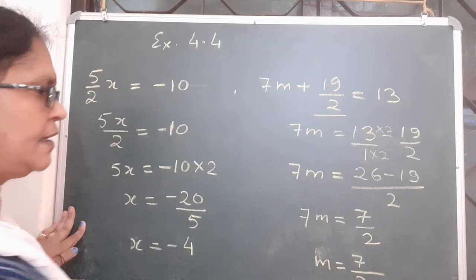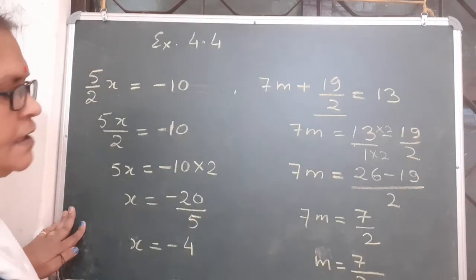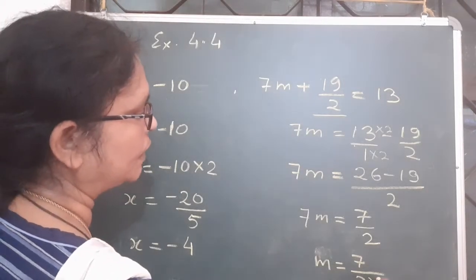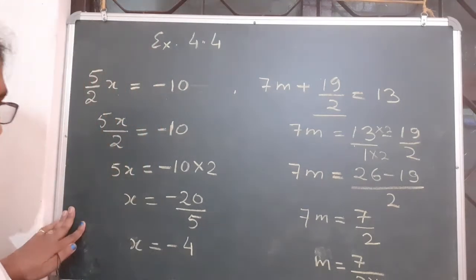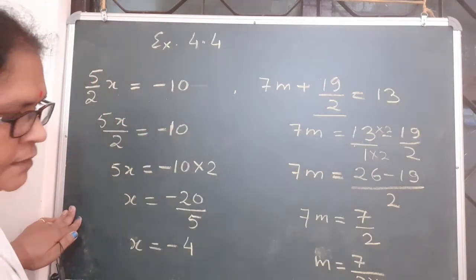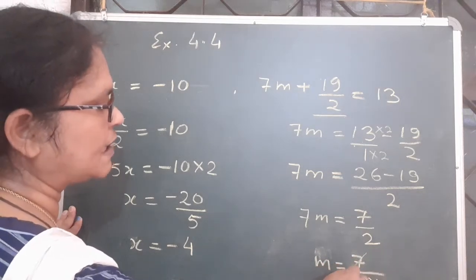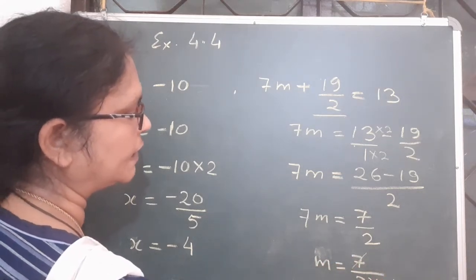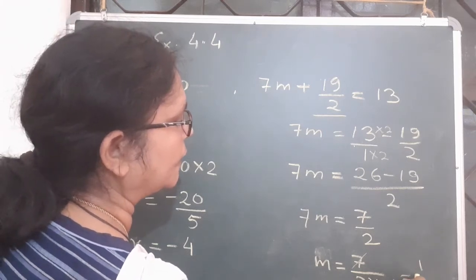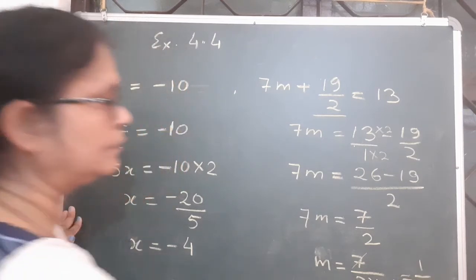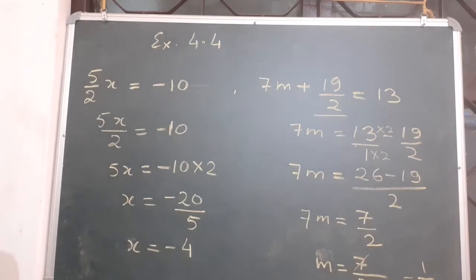Now here 7 is at multiplication place, so it will come to division place in denominator on right hand side. Now here you can see 7 and 7 will get cancelled. So value of m will remain 1 upon 2. Rest of the questions you will solve yourself.